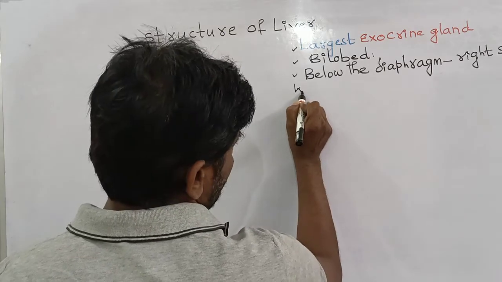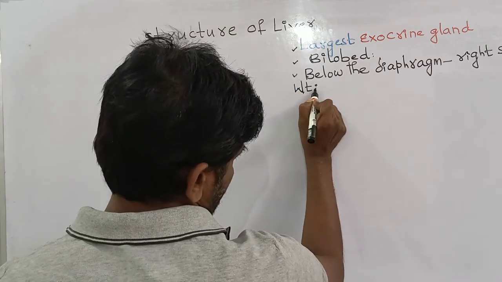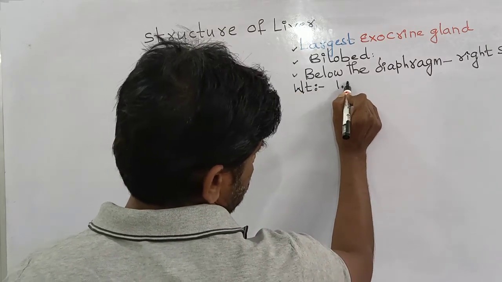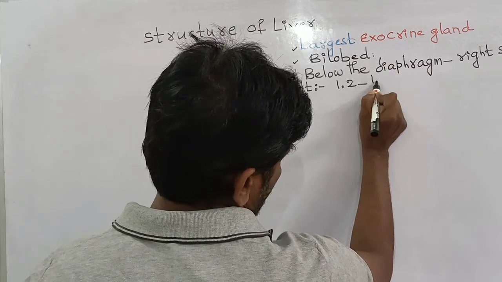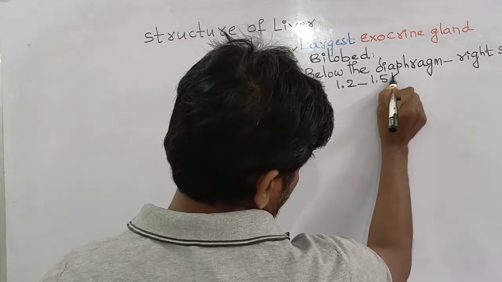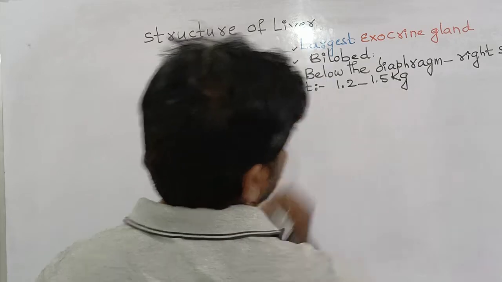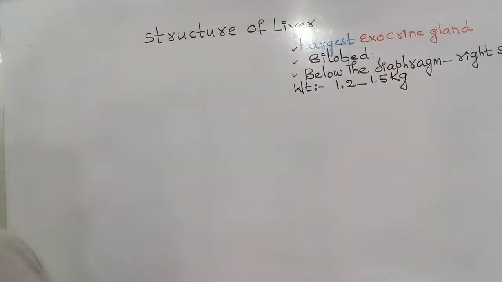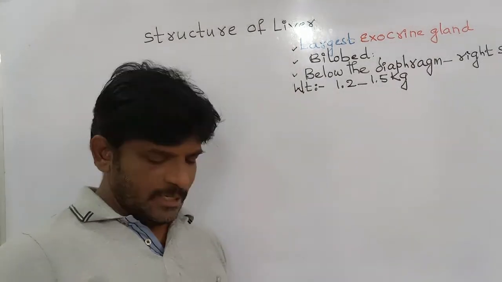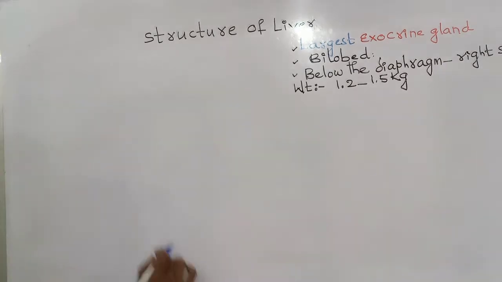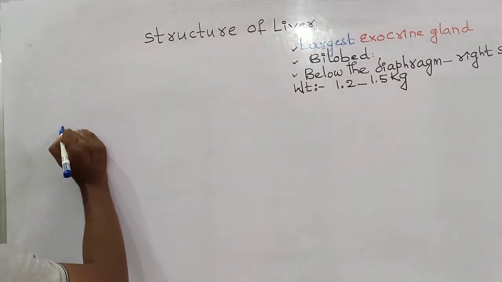And coming to the weight of the liver, it is equal to 1.2 to 1.5 kg. The liver has 2 lobes and is an exocrine gland. I am discussing the structural aspect of the liver now.